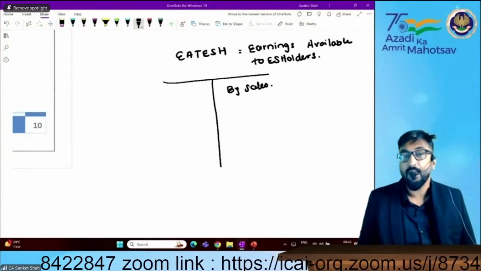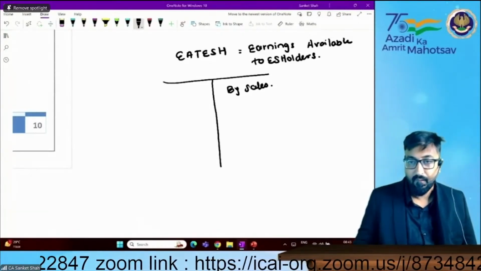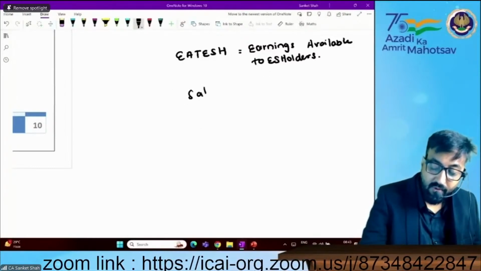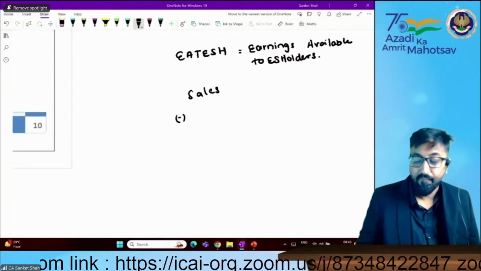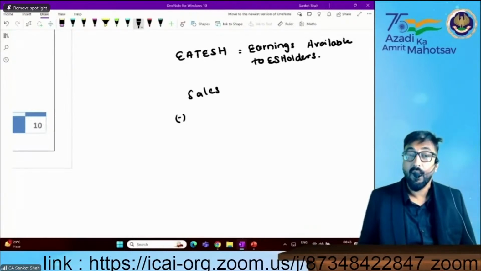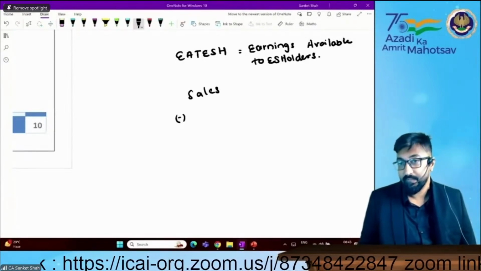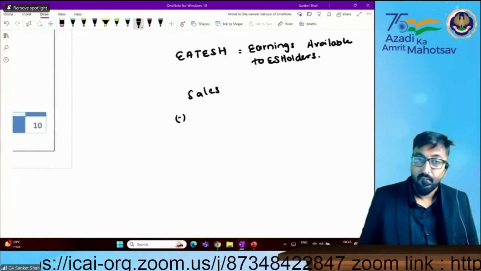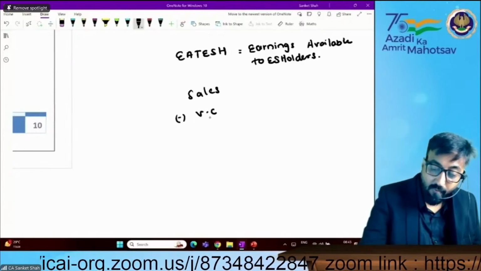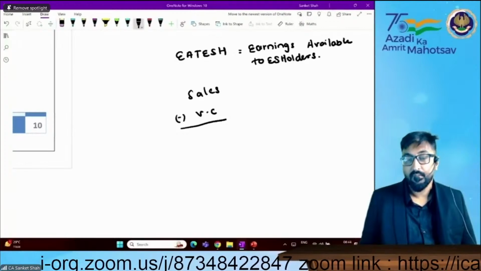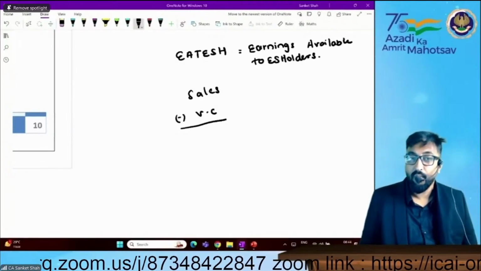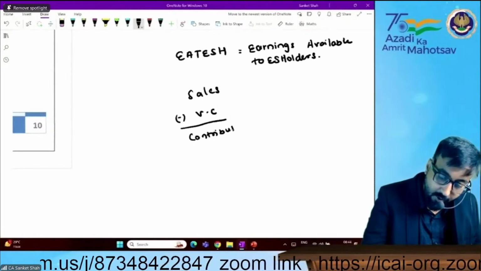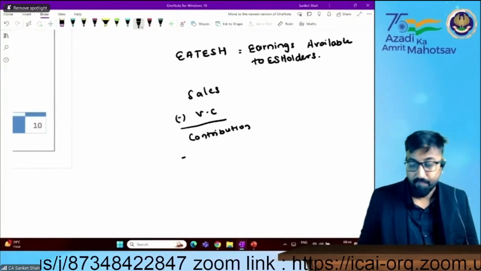See, here normally you have sales. In financial management, you have variable cost. So you get contribution.